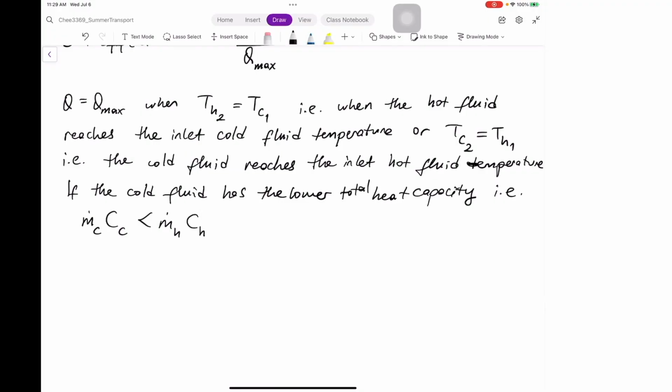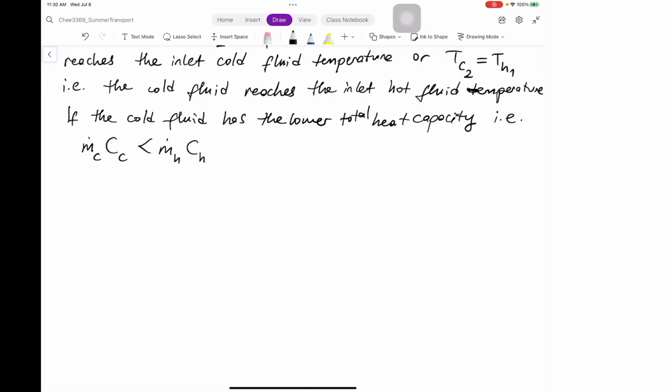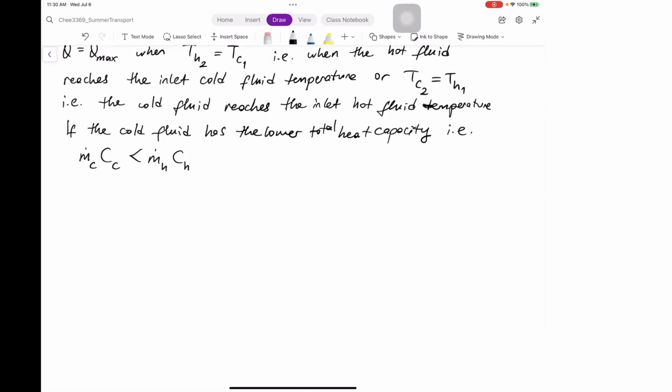Not the specific heat capacity, but the total heat capacity. Yeah, in this case, epsilon is equal to, as we said, Q actual divided by Q max.